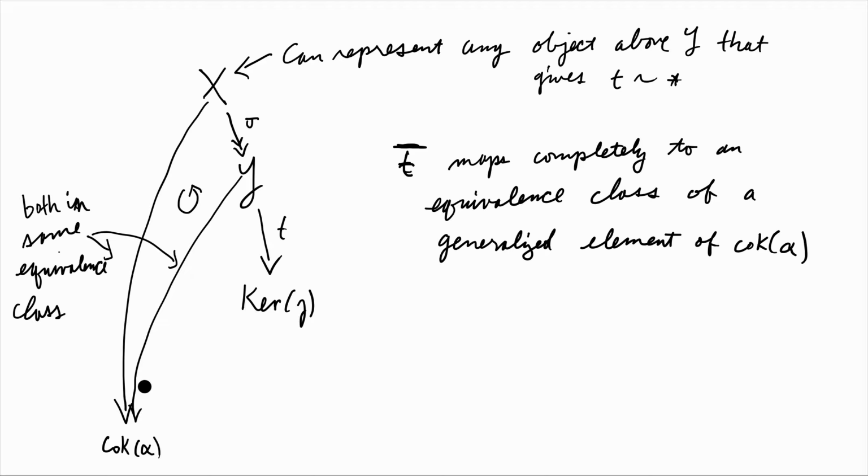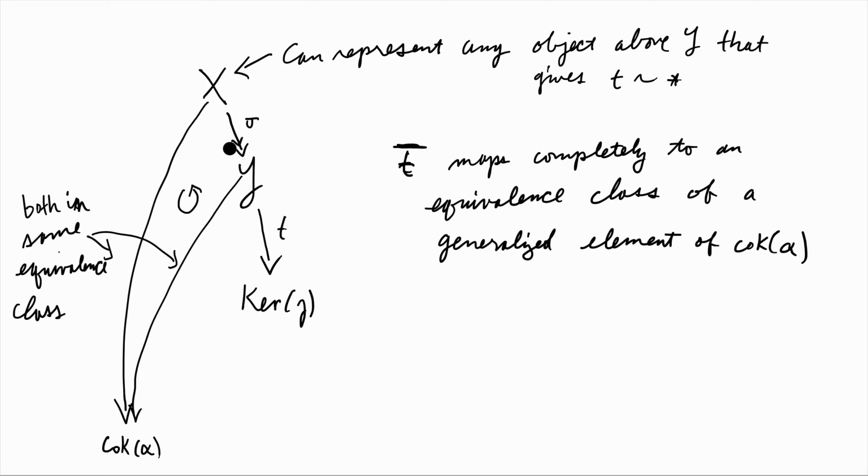So this morphism and this morphism right here, okay? So this morphism is the exact, this is a generalized element. So the generalized x to the co-kernel of alpha is a generalized element if you take its class over the co-kernel of alpha, and similarly for y.